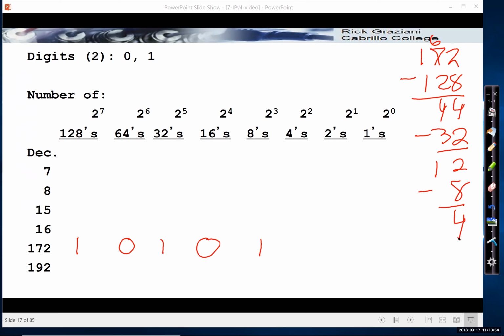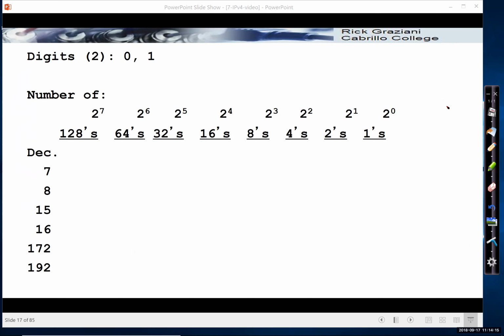Will 4 fit into 4? Yes, it will. So I subtract that, and I have 0. Once I see a 0 here, I can just put zeros the rest of the way. Okay, and that's how we convert 172 to binary.